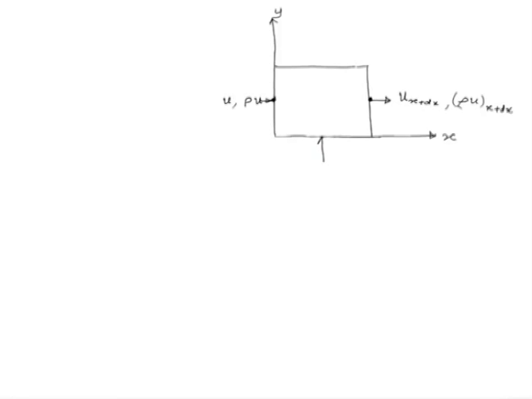Same thing about the y velocity components. This is v velocity component, rho v, which will represent an influx with this velocity. On the positive y plane, we will have the fluid going out with the velocity v, small v. Now, these quantities must be evaluated at y plus dy.